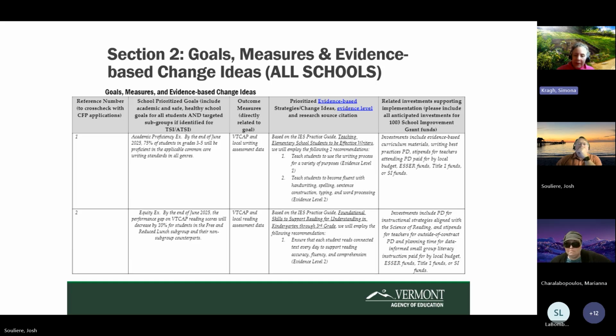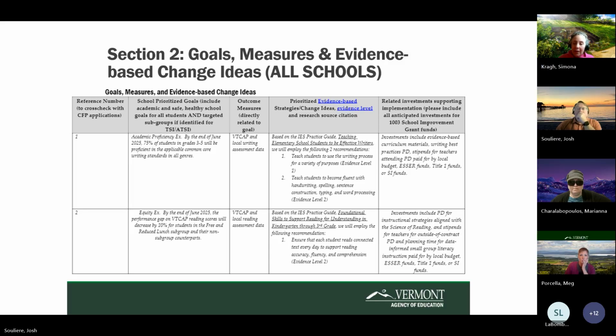Section 2 is completed by all schools and lists the prioritized goals, including academic and safe, healthy schools for all students and targeted subgroups if identified for TSI or ATSI. It includes outcome measures, evidence-based strategies, change ideas, and their resources or investments that will support their implementation, including those funded with 1003 school improvement grants.